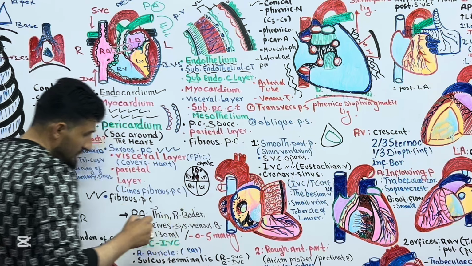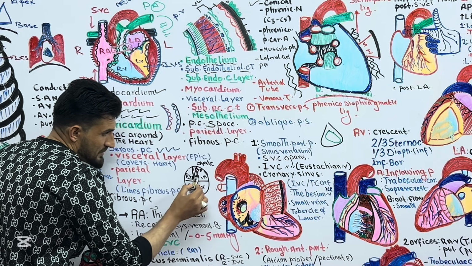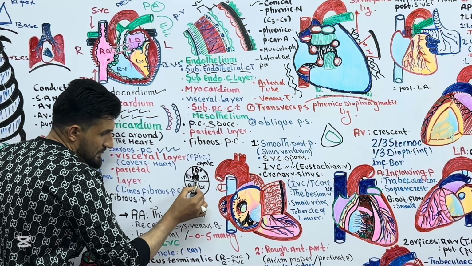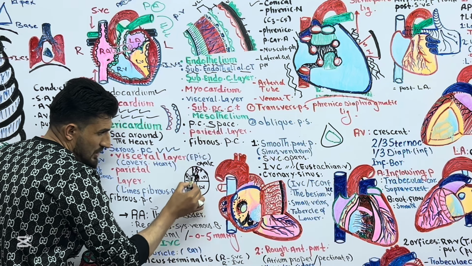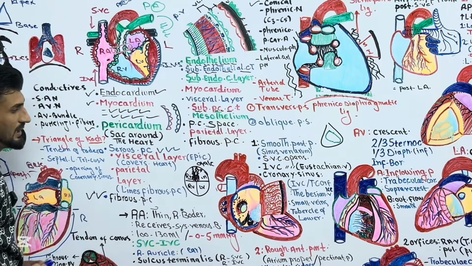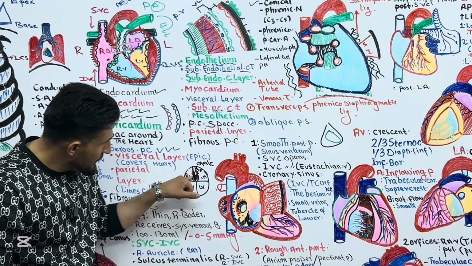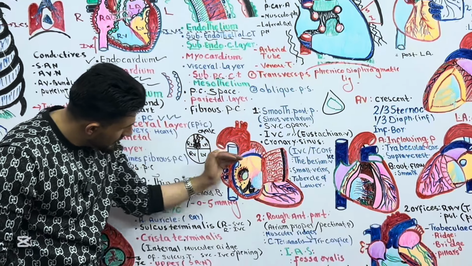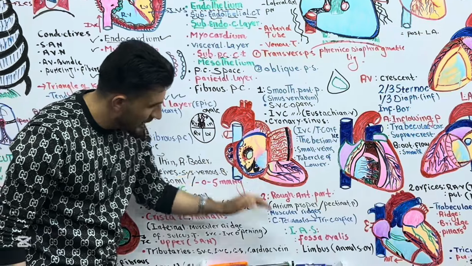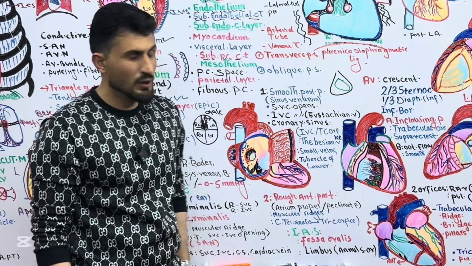Now after embryonic life, the septum primum will be attached to the septum secundum, and here we have a fossa, called the fossa ovalis. The remaining part of the septum secundum that overlaps this fossa is called the limbus or annulus ovalis.